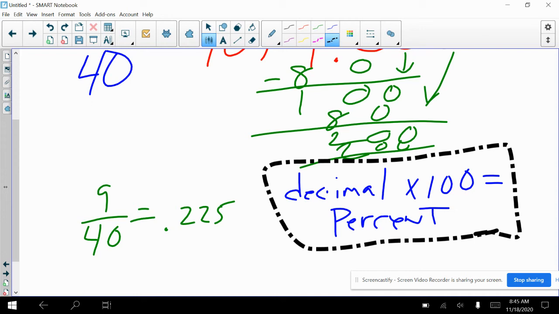What's that going to do to the decimal? Move it to the right. How many places? It's going to move it 2 places to the right. So 22 5/10%.